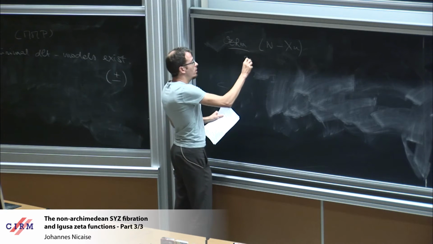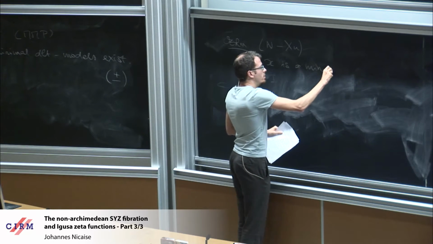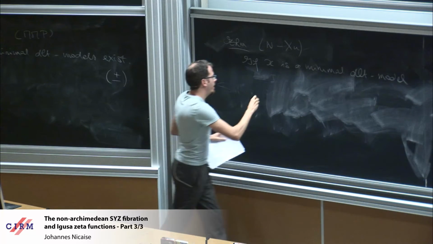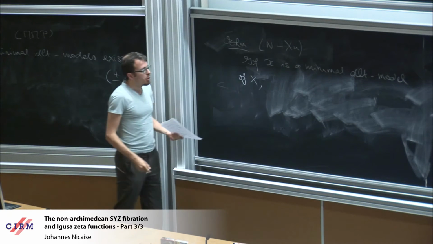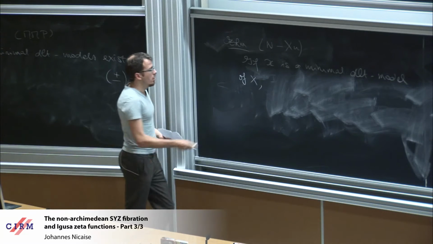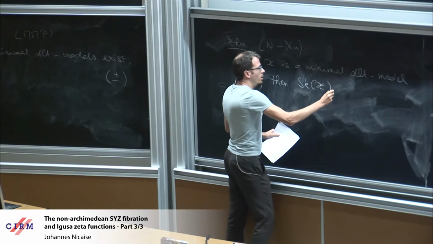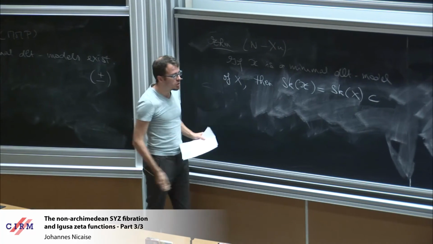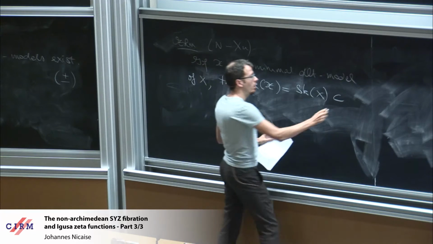So if curly X is a minimal DLT model of X, so I write "a" because, well, as you probably know, minimal DLT models are not necessarily unique, but we just pick one. Then its Berkovich skeleton is equal to the essential skeleton. And so it makes sense to say that these two objects are not only homeomorphic, but even equal, because they both live inside the Berkovich space X^an.